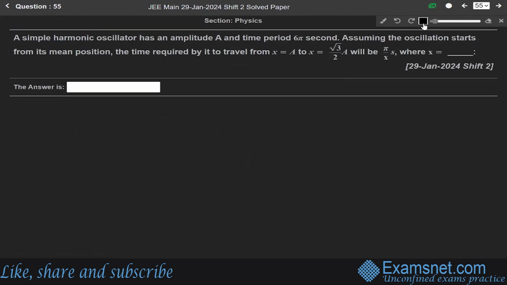Now next question 55. A simple harmonic oscillator has an amplitude A and time period 6 pi second. Assuming the oscillation starts from its mean position, the time required by it to travel from x equals to A to x equals to root 3 by 2 A will be pi over x, where we have to find the value of x.